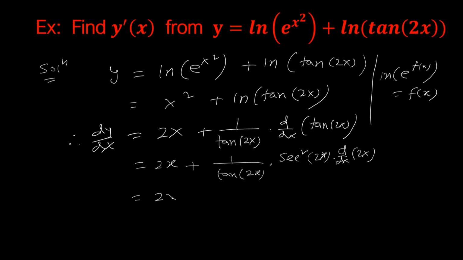So we have 2x plus 2 secant square 2x over tan 2x.